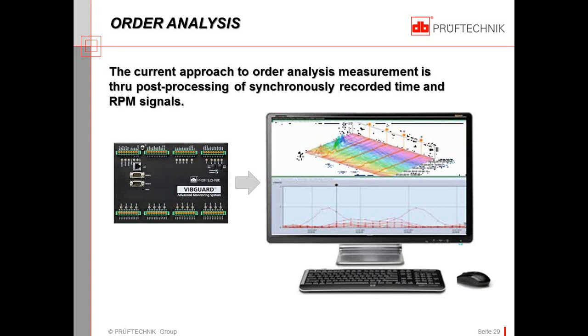So we can look at these components and trend the 1x over time quite easily, quite readily. It basically enhances that ability to trend, but also diagnose critical rotating machinery.